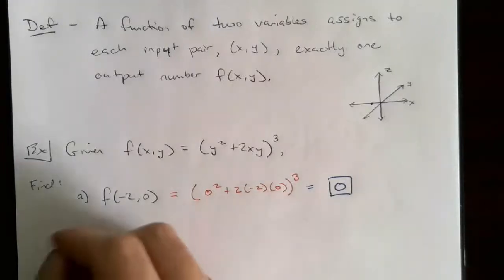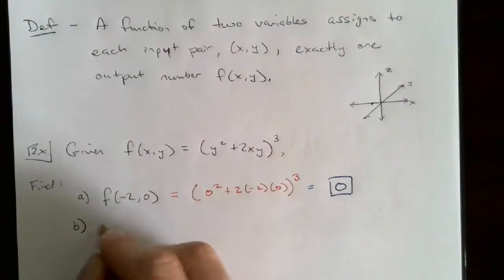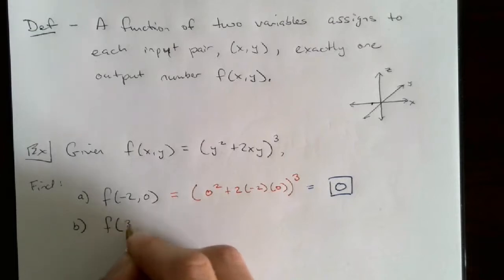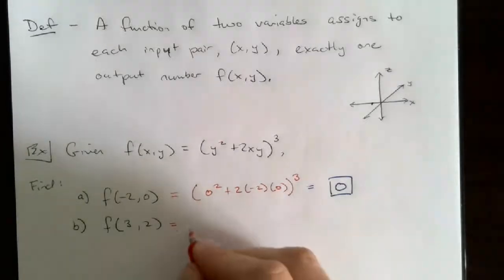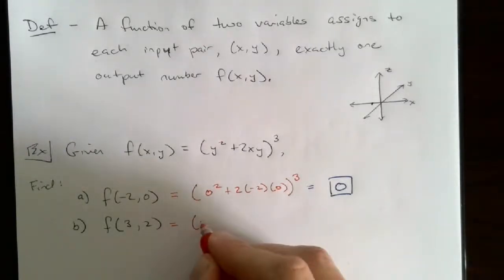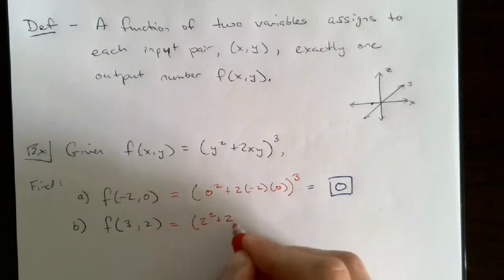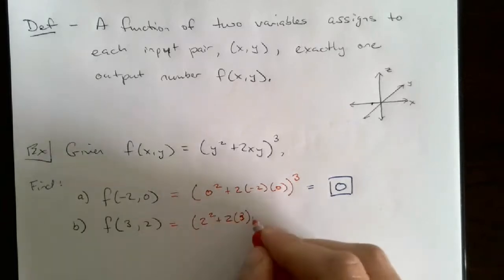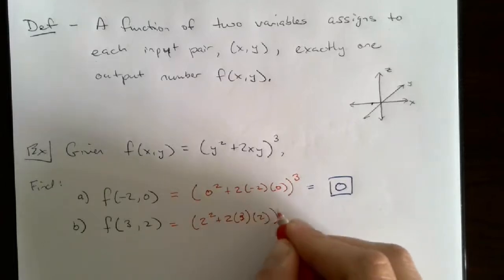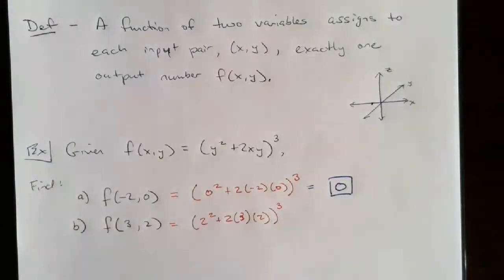If we're looking at just another one here, if I said I had f of 3 comma 2, again we're just substituting in. Substituting in for y, y is 2 now, so it'd be 2 squared plus 2 times x, which is 3, times y, which is 2, all raised to the 3rd power.